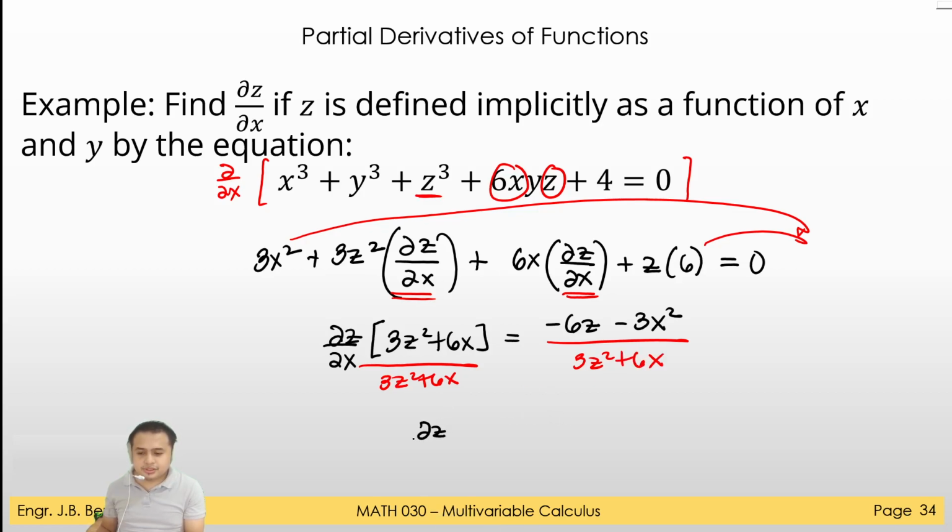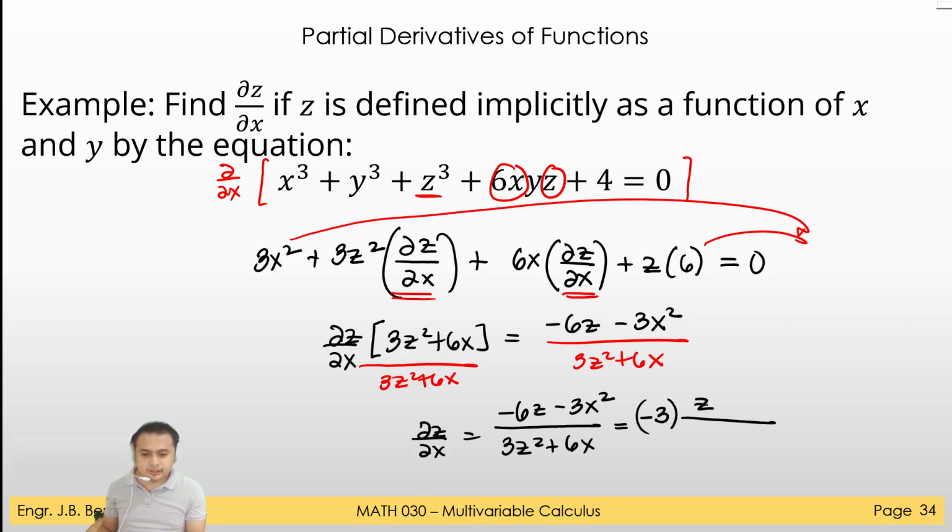So the partial derivative of z with respect to x is negative 6z minus 3x squared all over 3z squared plus 6x. Now we can simplify this by factoring out the 3, so this will be negative 3 times the quantity 2z plus x squared.